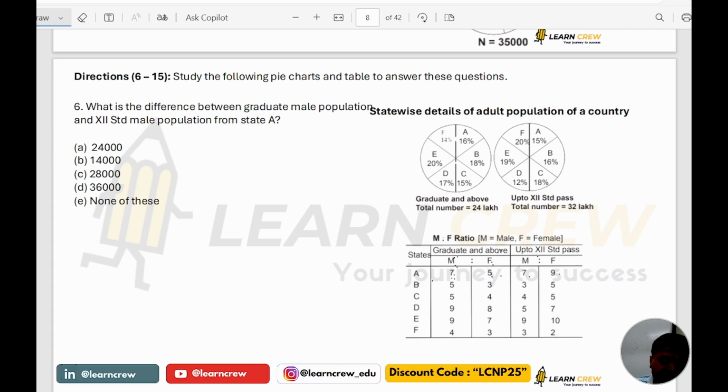It is the understanding. Now please see here: what is the difference between the graduate male population and the 12th standard male population from state A?